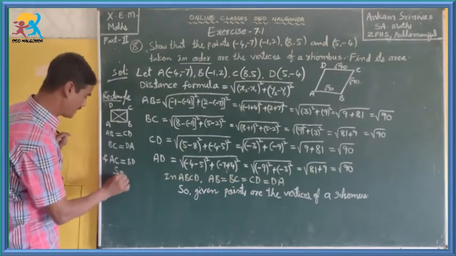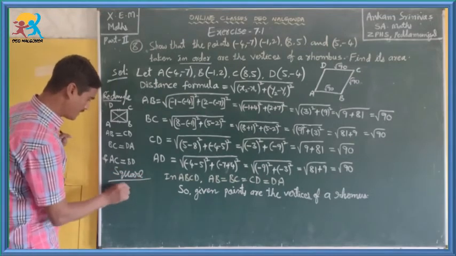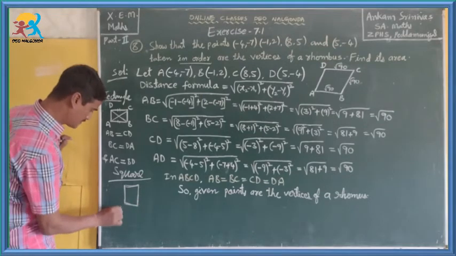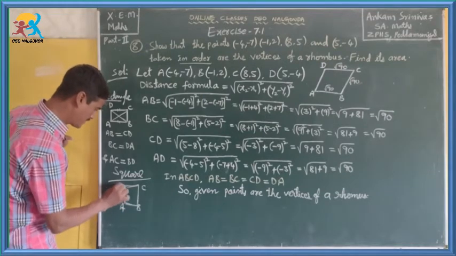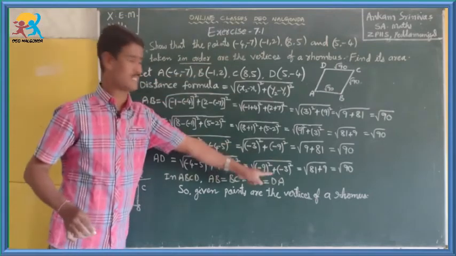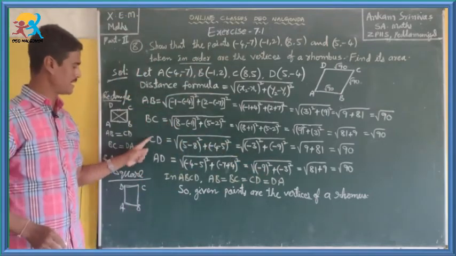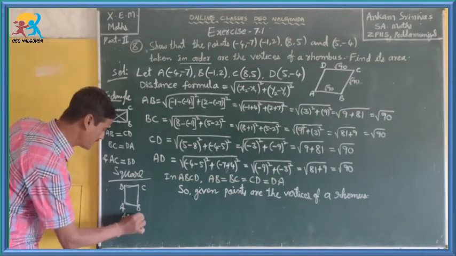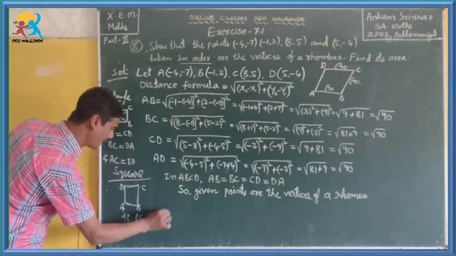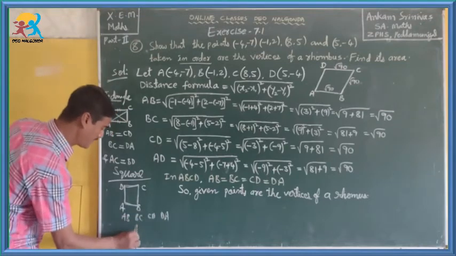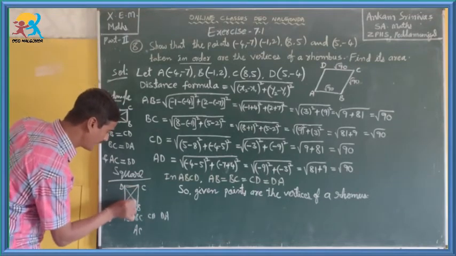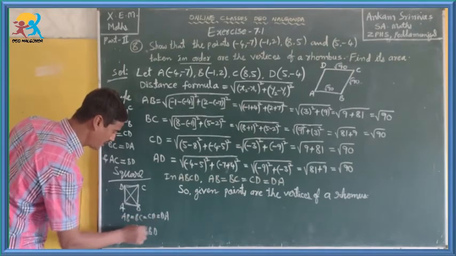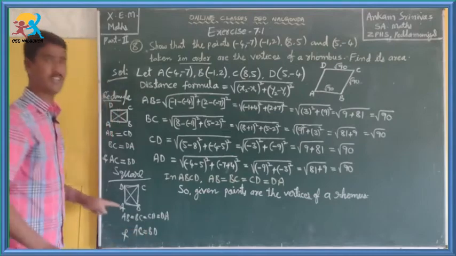For a square, follow the same as the rhombus. Find AB, BC, CD, DA and also find the length of diagonals AC and BD. We have to prove that all sides are equal and the lengths of diagonals are equal.